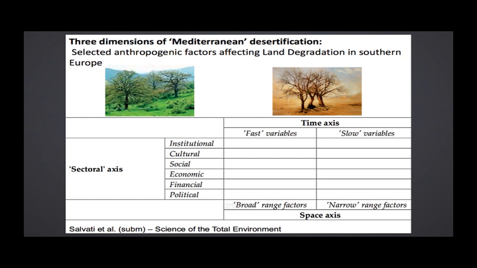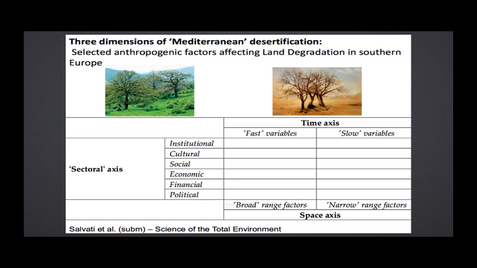The first dimension is time, and what is interesting for me is to try to divide two different variables. The first one is the fast variable. What does fast variable mean for me and for complex adaptive system theory? A fast variable is a variable which is changing very rapidly. Of course, a slow variable is exactly the opposite. It's a variable which is very, very stable over time.